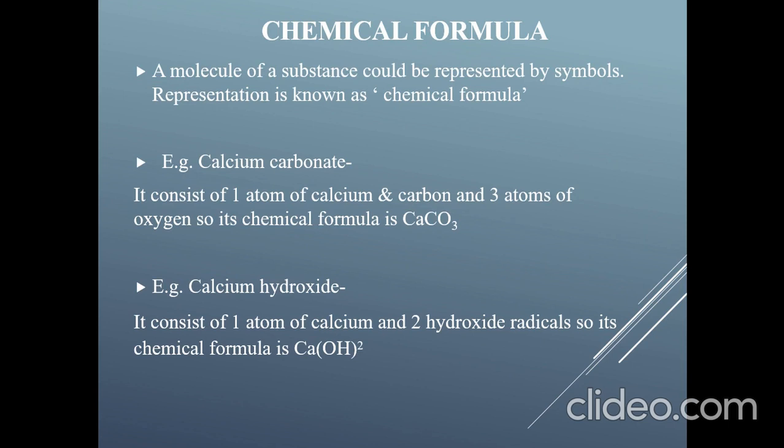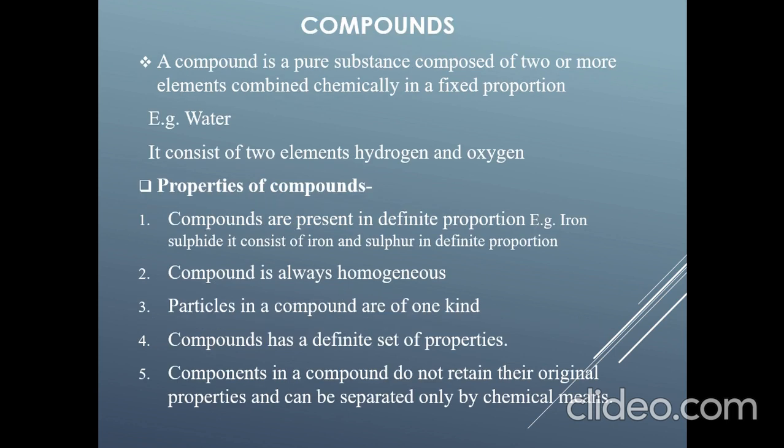It consists of one atom of calcium, one of carbon and 3 atoms of oxygen. So its formula is CaCO3. In case of calcium hydroxide, it consists of one atom of calcium and 2 hydroxide radicals. So its chemical formula is Ca(OH)2. So chemical formulas are also very important.